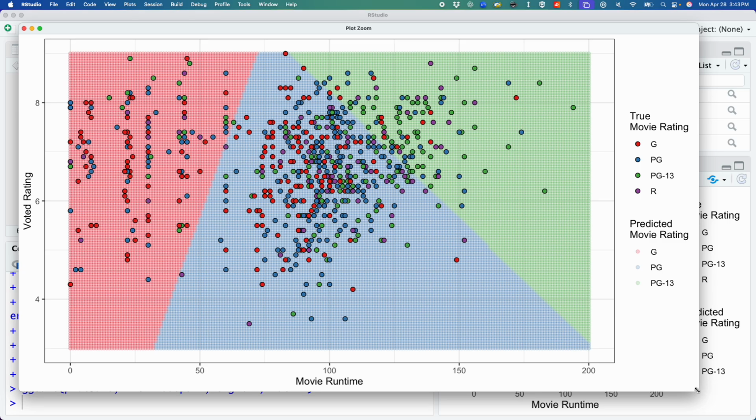You also have linear boundaries with an LDA, and these may look just slightly different from a logistic regression. And the effect may be more or less pronounced or more different than a logistic depending on the context of the problem. But this is another common model that people employ when they're doing these discrete choice models.